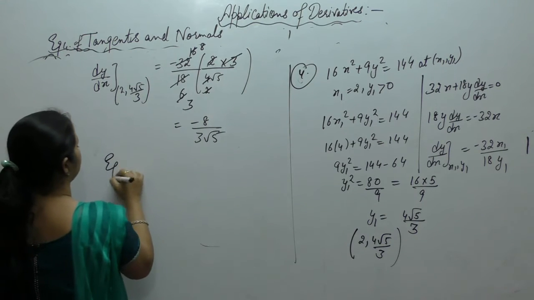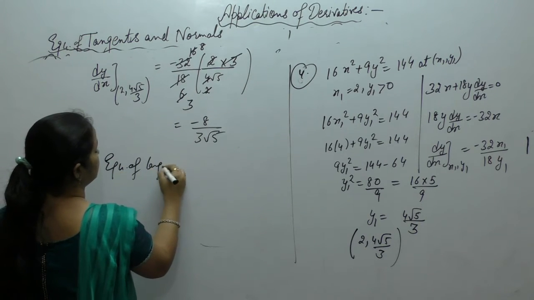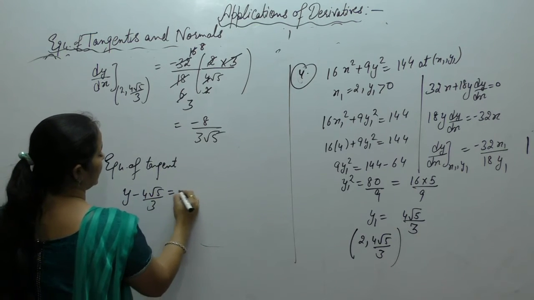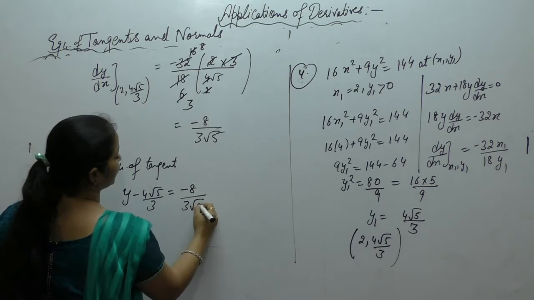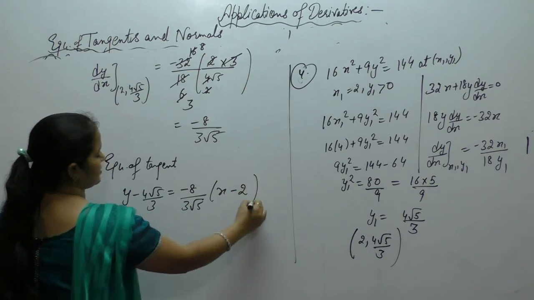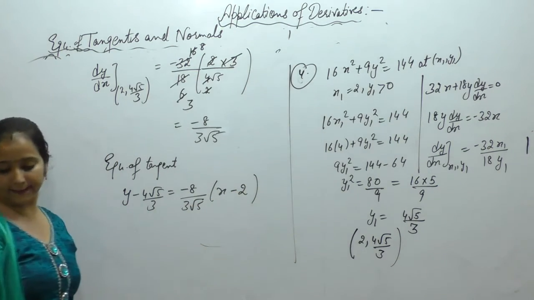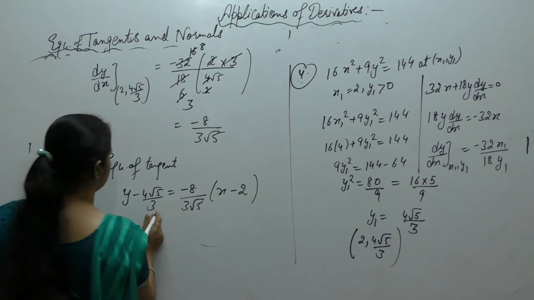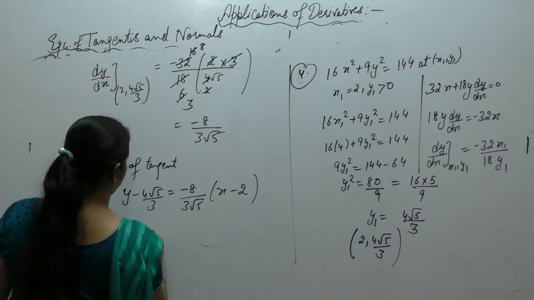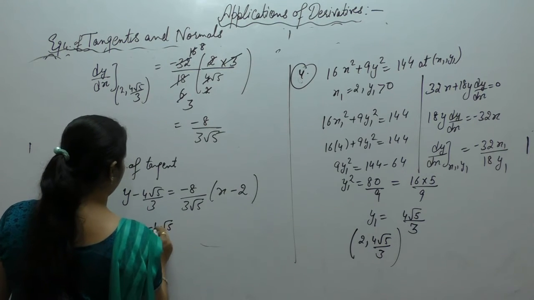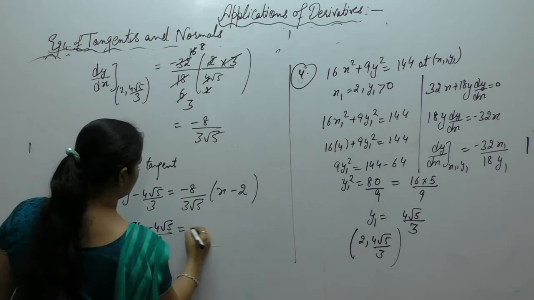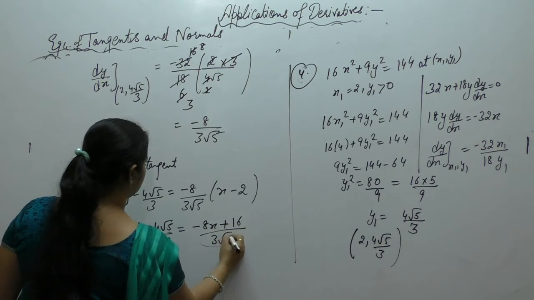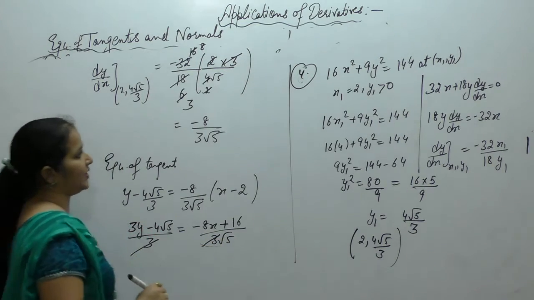Now the equation of tangent: y minus y0 equals m, the slope of tangent, times (x minus x0). This is the formula we have. So from here: 3y minus 4 root 5 upon 3 equals minus 8x plus 16, times 3 by root 5.